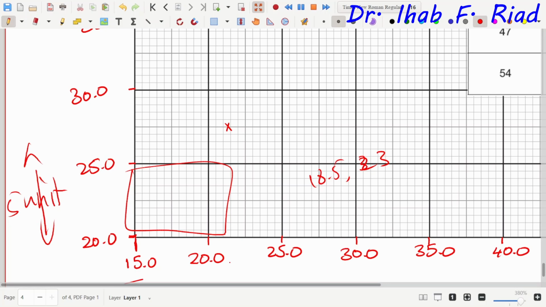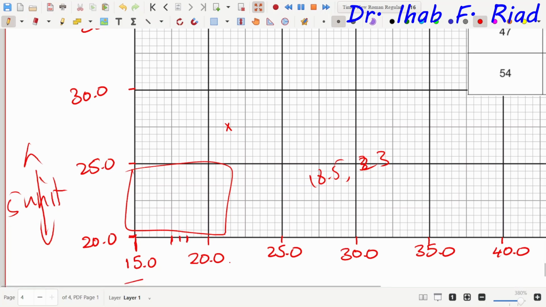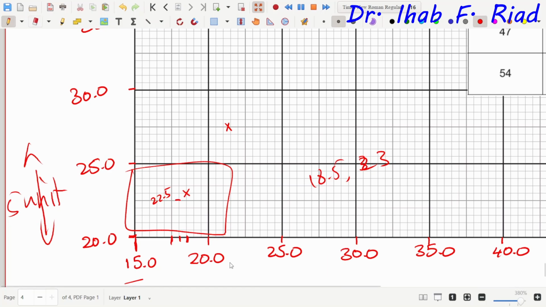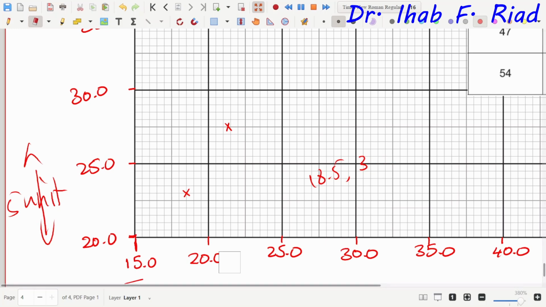Okay, so where is 18.5? This is 17.5. This is 18. This is the 18.5 mark. What about the 23? This is 22.5. So this is going to be 23. Okay, so we are good with all our data points.